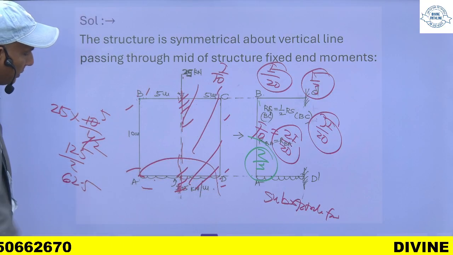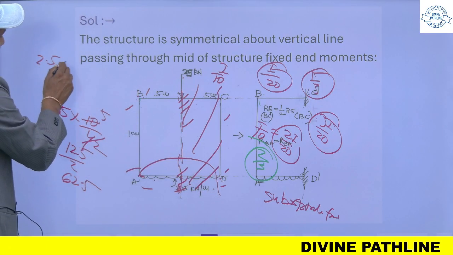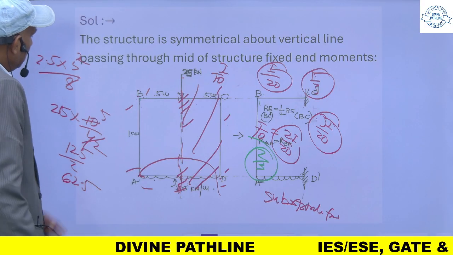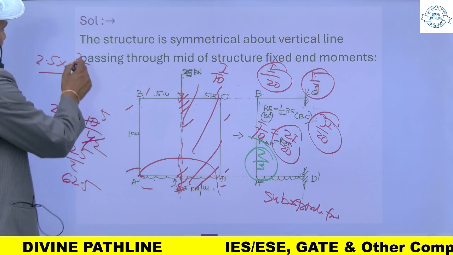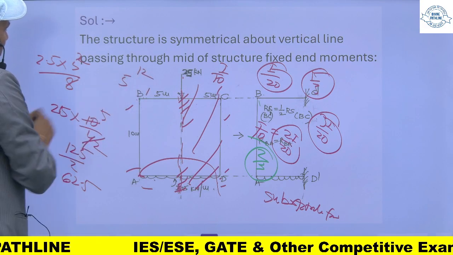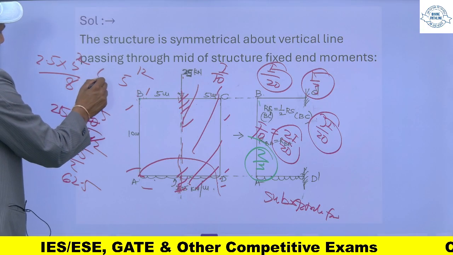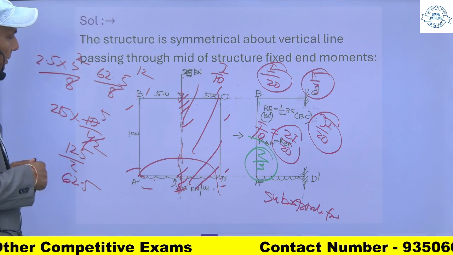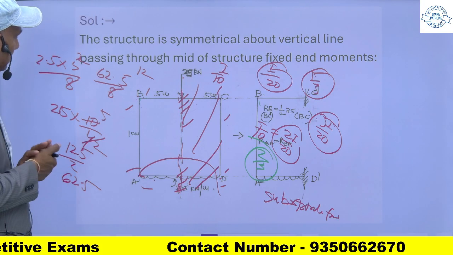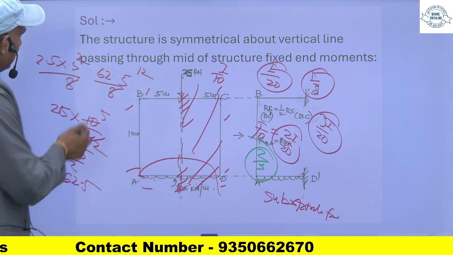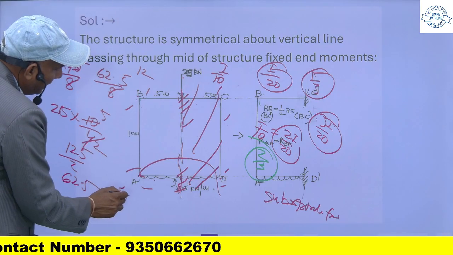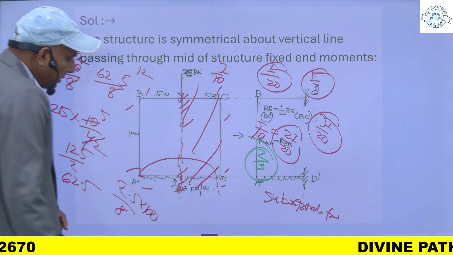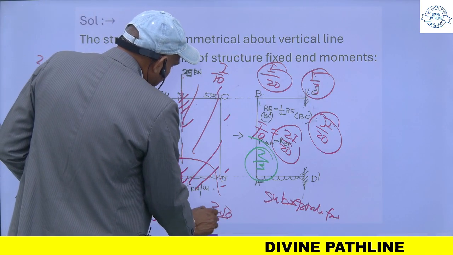The formula is WL square by 8, so 2.5 into 10 means 100 upon 8, so 250 upon 8, which is 30 something.